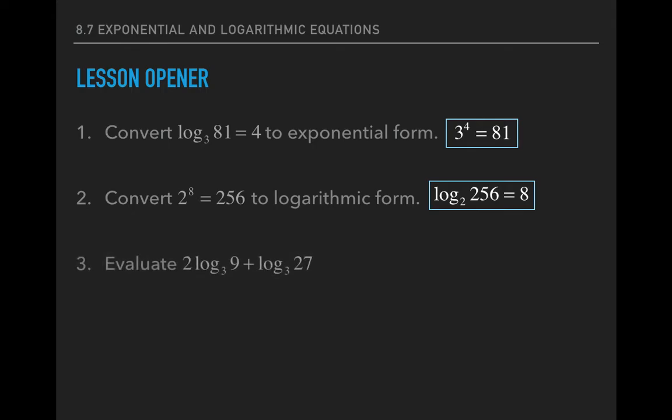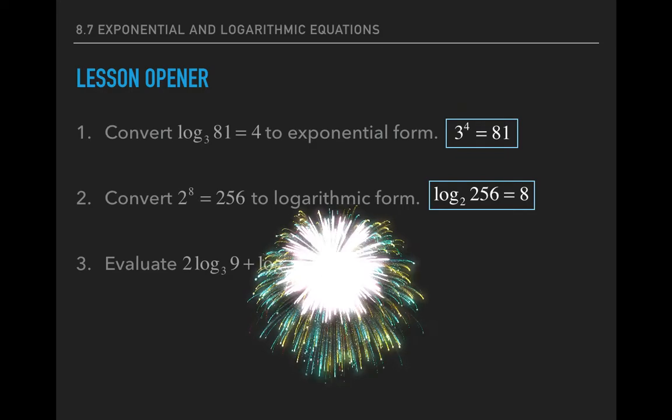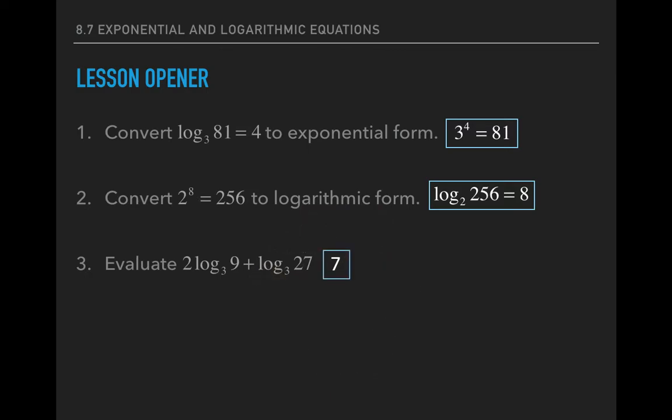All right, let's look at number 3. Here we're evaluating. Pause this one. It might take you a little bit longer to work through, but try that one out. The correct answer is 7. If you're not sure how to work through that one, take a look at the previous lesson for some of those properties. We have one more.